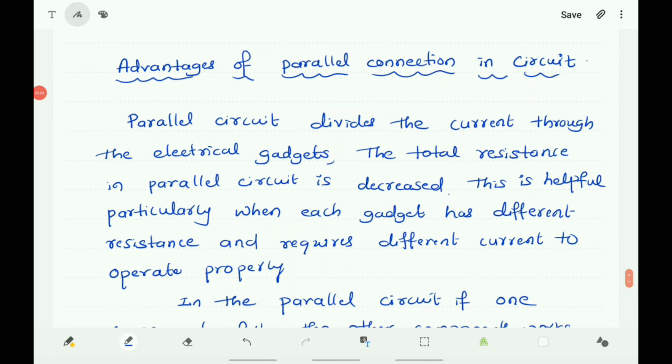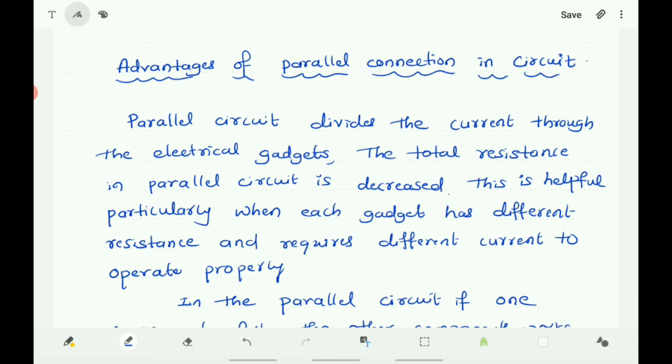Then what are the advantages of parallel connection in a circuit? A parallel circuit divides the current through the electrical gadgets. The total resistance in a parallel circuit is decreased. This is helpful particularly when each gadget has different resistance.